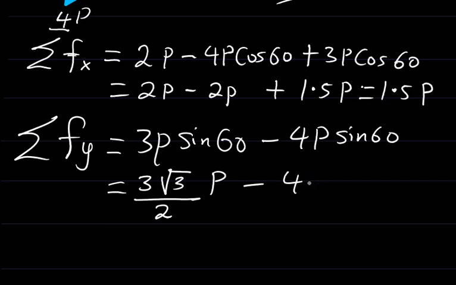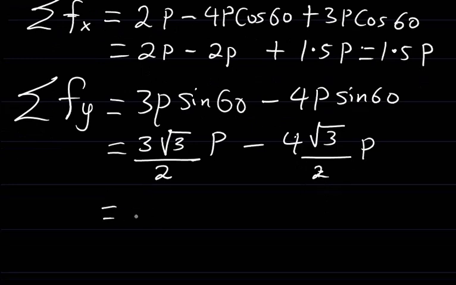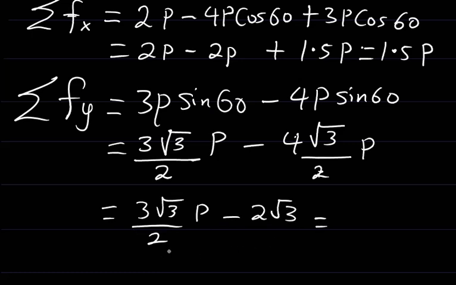Then 4p, which is still multiplied by root 3 all over 2. So that's going to be 4 root 3 all over 2, then p. 4 divided by 2 is 2, so I'm having 3 root 3 all over 2, p, then minus 2 root 3. Solving the LCM of this, of course, p also, the LCM is 2.